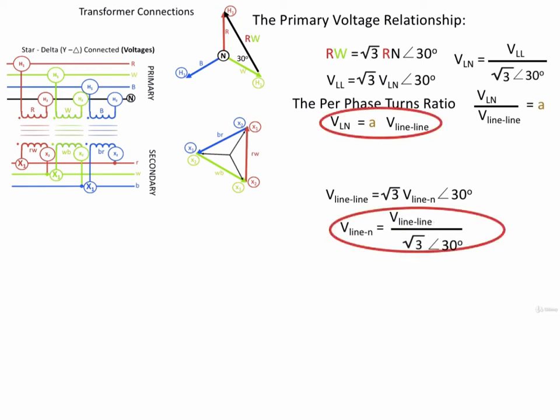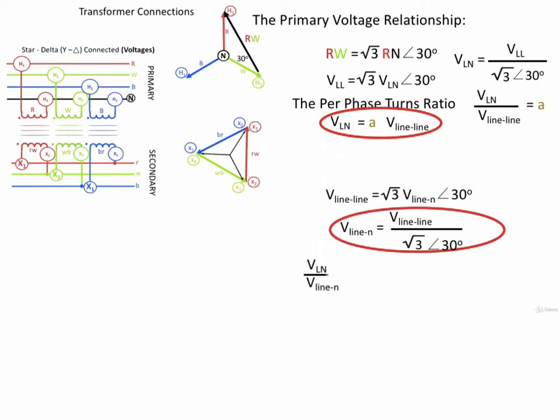Now, in developing the per phase equivalent circuit, I'm going to take these two equations and I'm going to divide one by the other. And I can do that mathematically as long as I do the same with the left-hand side of the equation as I do with the right-hand side of the equation.